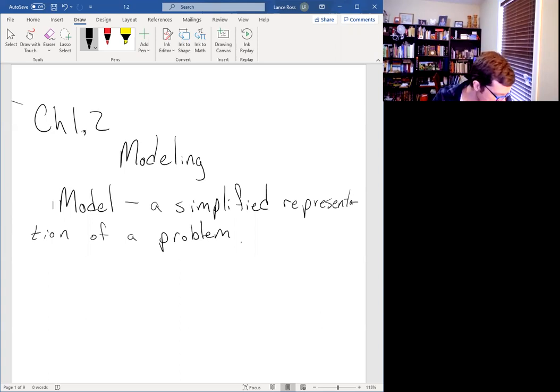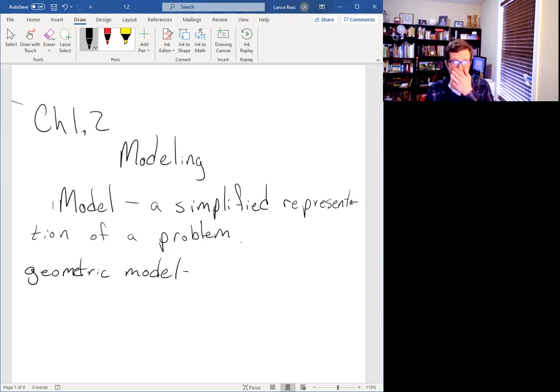The book goes on to talk about different types of models. It says things like a geometric model, where you take a real life situation and you describe it in terms of some geometry.